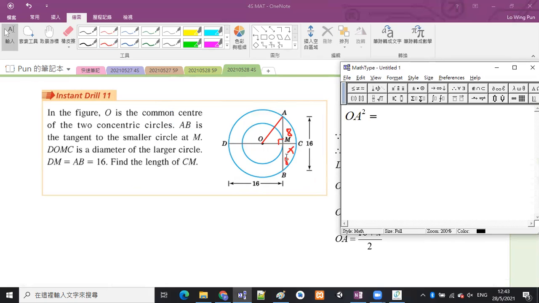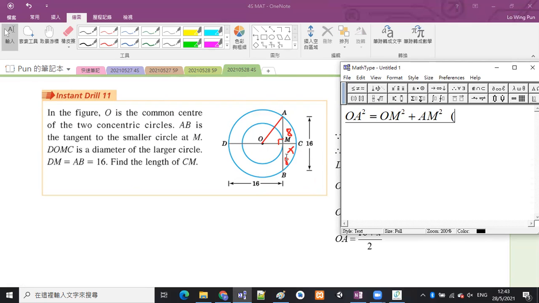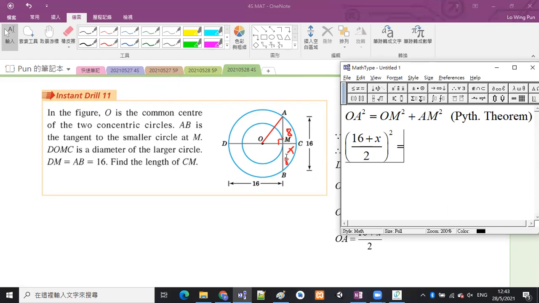OA square is equal to OM square plus AM square. And this is Pythagoras Theorem. OA is 16 plus X over 2, and then square, is equal to OM, which is 16 minus X over 2 square, plus AM square, that is 8 square.